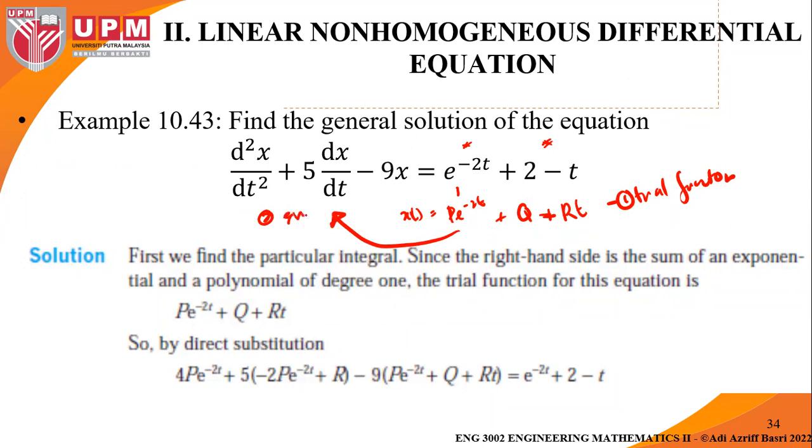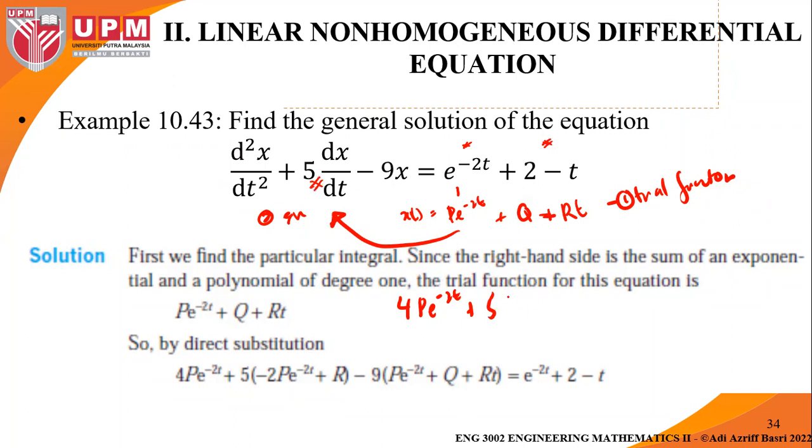In this case, d squared x over dt squared, so you need to differentiate this two times. What will you get? Differentiating two times, you will get 4p exponent negative 2t, plus 5 for the constants.